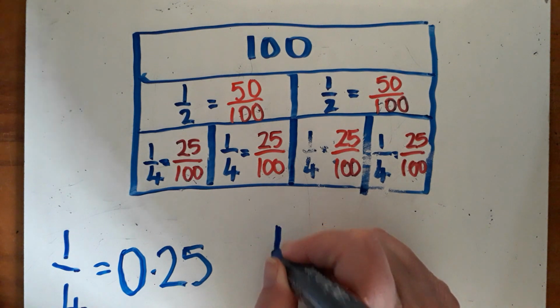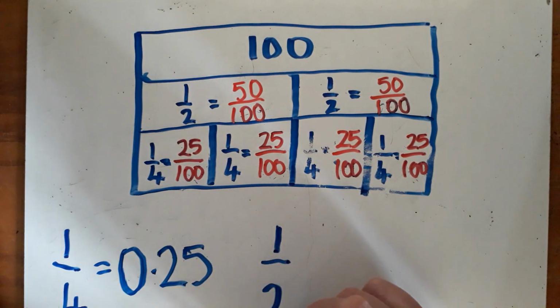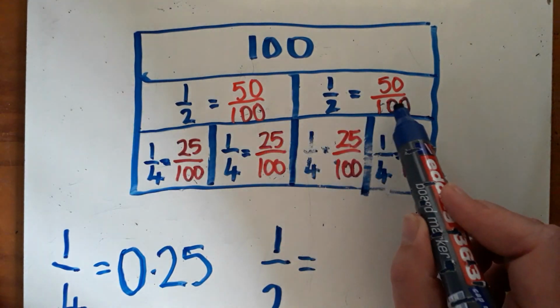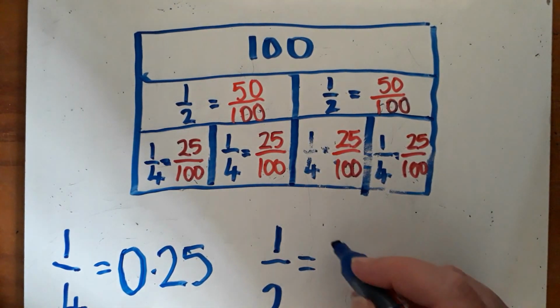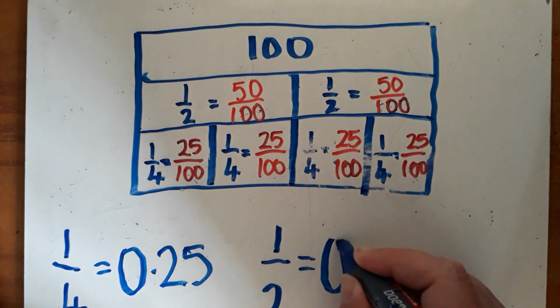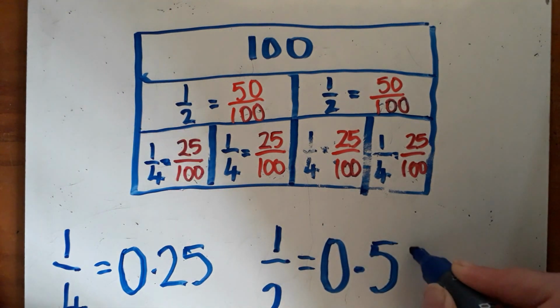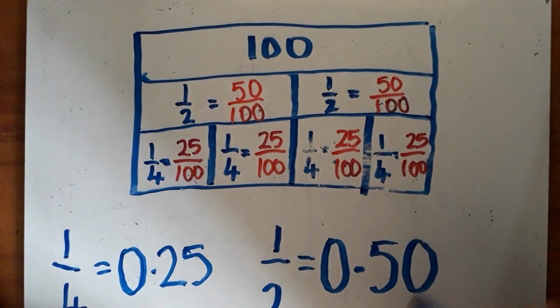Our half is the same as 50 hundredths. Again, no whole ones and 50, written as 0.50.